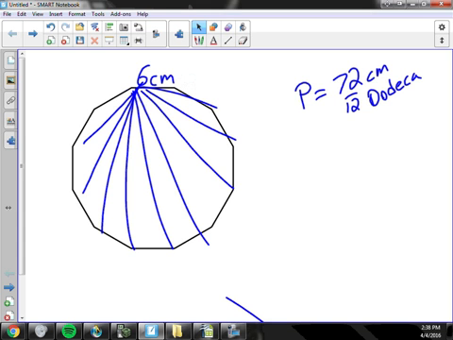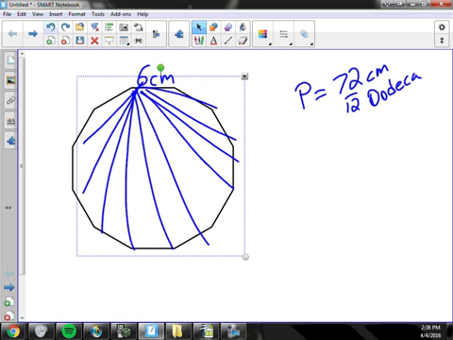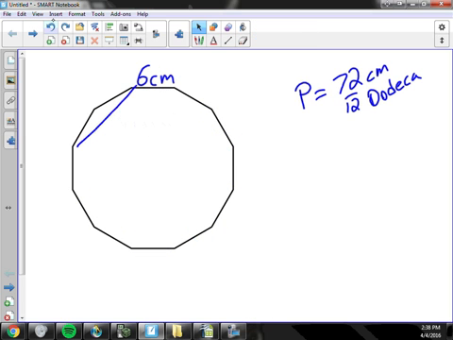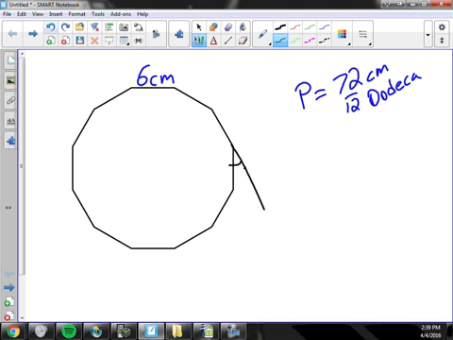Now, the other way to do it, the faster way, is this. Every convex polygon, regular or not, meaning it never caves in on itself, has an exterior angle sum of 360. I don't understand why that's the case, it's just true. So an exterior angle is like this.